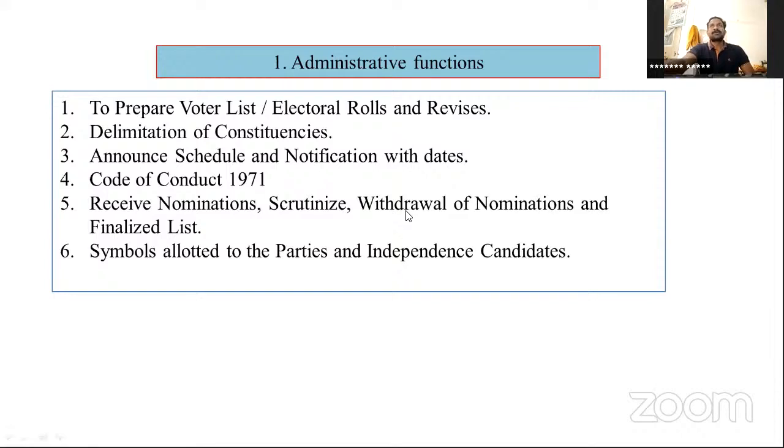The contesting candidates withdraw their nominations. Finally, the election officer declares the final list. Then symbols are allotted to the party candidates and independent candidates by the election officer.